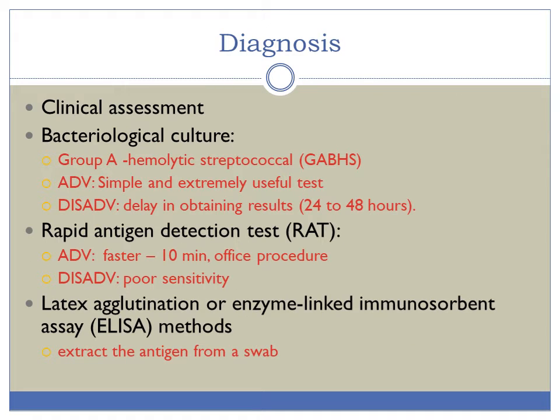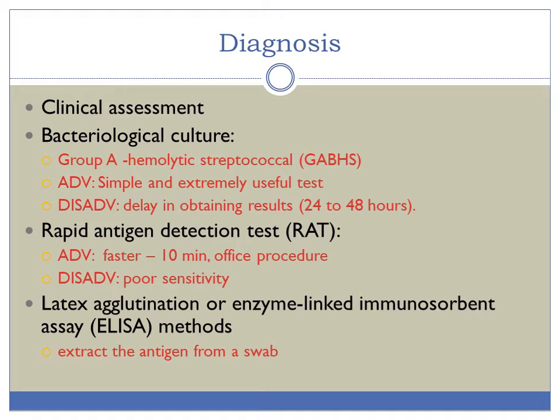The diagnosis of acute tonsillitis can easily be made on clinical examination. A thorough history and general examination will help you diagnose this condition. You can take a throat swab and send it for culture and sensitivity.